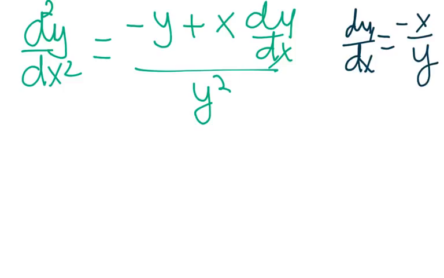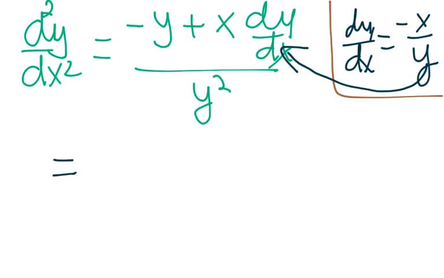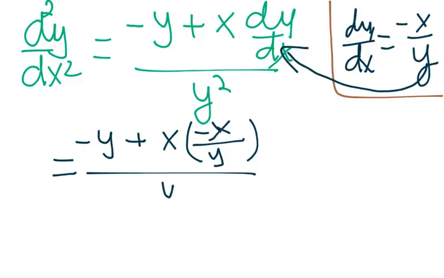This is the first derivative that we solved for before we took the second derivative. So what we can do is replace dy over dx with negative x over y, because that's the same thing. So negative y plus x times negative x over y, all over y squared.